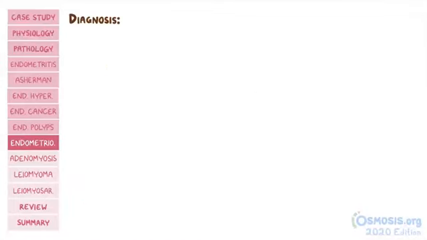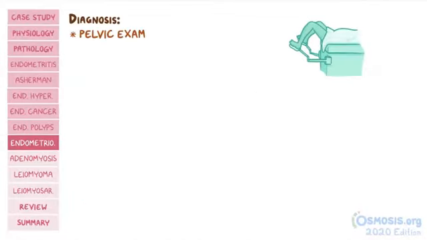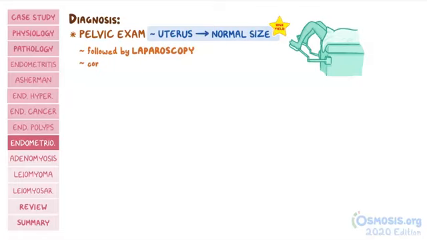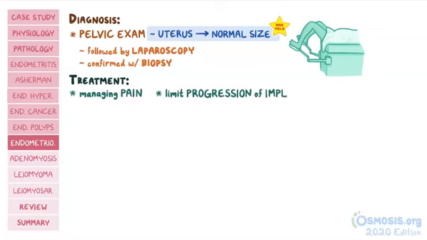Okay, now diagnosis starts with pelvic examination, where it's important to remember that the uterus will be normal-sized. This is followed by laparoscopy and confirmed with a biopsy. Treatment is focused on managing pain, trying to limit the progression of the implants, and addressing the associated subfertility.